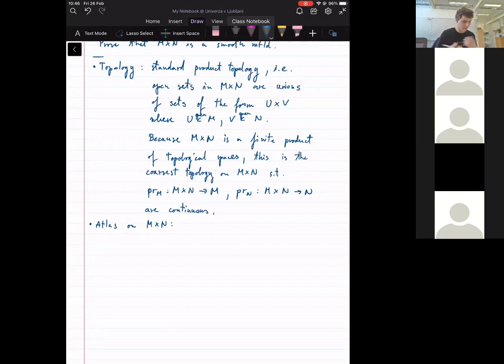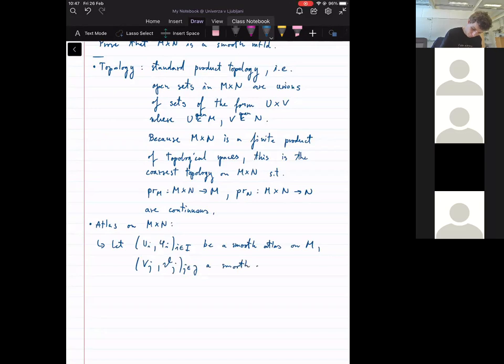First of all, we have to pick smooth atlases on M and N. I'm just going to write it as such: (U_i, phi_i), where i runs in the index set big I, and (V_j, theta_j), where j runs in the index set big J, a smooth atlas on N.